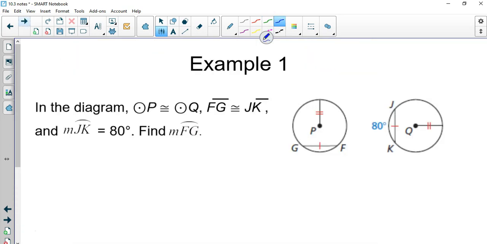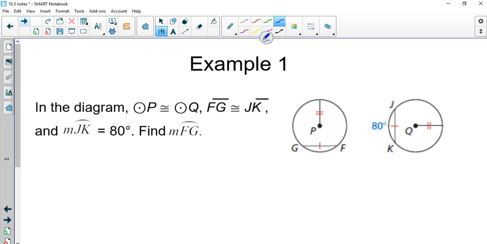So, knowing that, in this diagram, circle P is congruent to Q. And FG is congruent to JK, which is marked with hash marks. The measure of JK is 80.